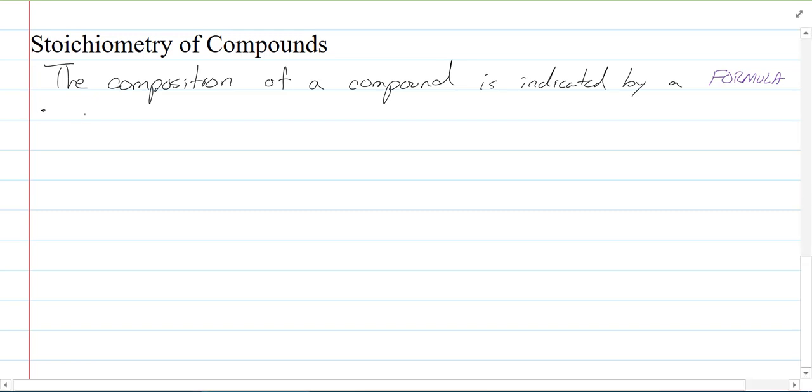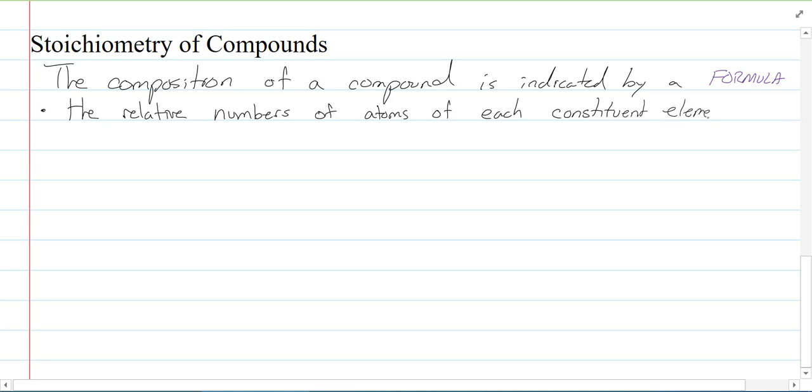It provides the relative numbers of atoms of each constituent element. It also provides the mole ratio, which of course is the particle ratio.